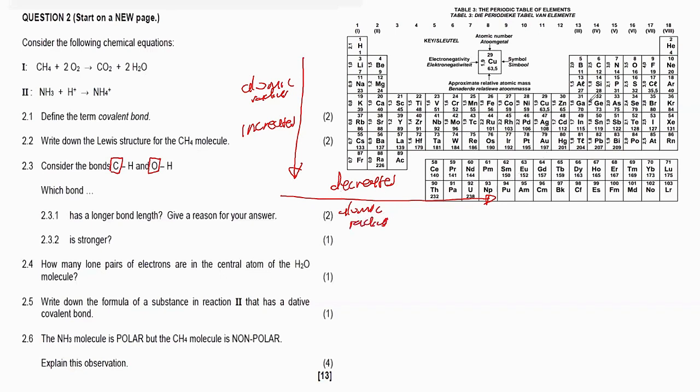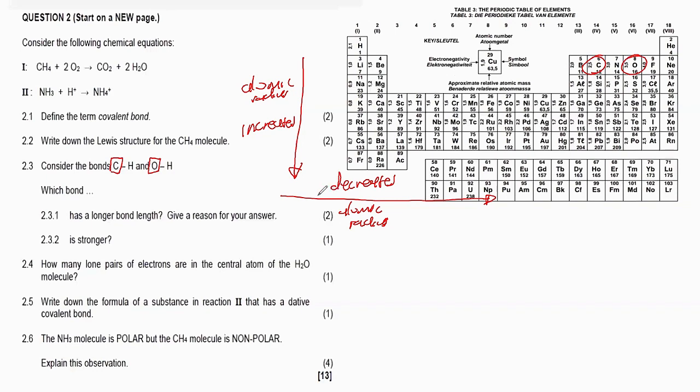So if that is the relationship, let's look at our carbon and our oxygen. As we can see here, they are in the same row. Let's say it is in the same period, right? This is our carbon, and this is our oxygen.